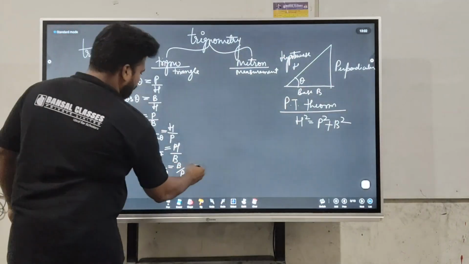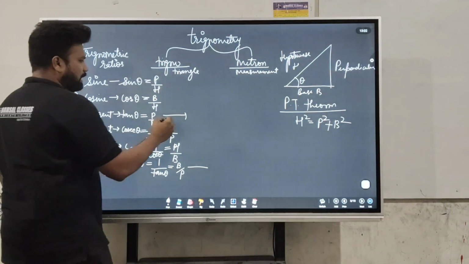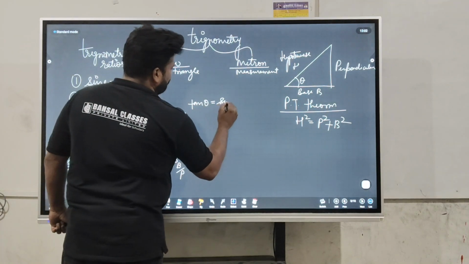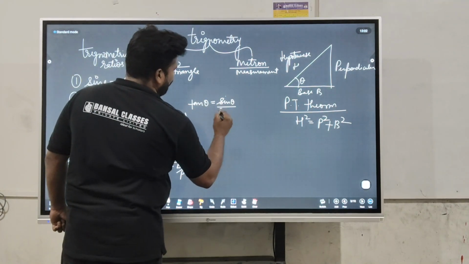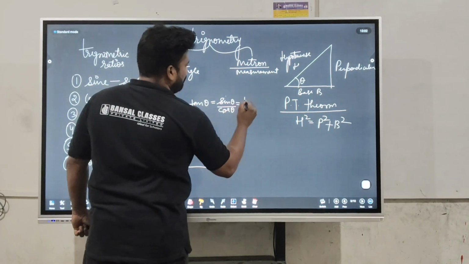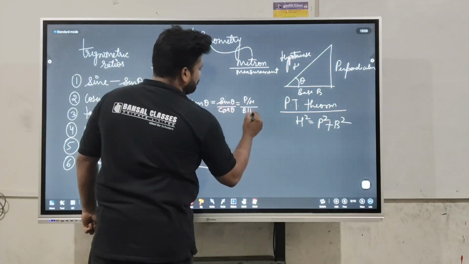Tan theta can also be described as sin theta upon cos theta. Why? Sin is perpendicular upon hypotenuse and cos is base upon hypotenuse.